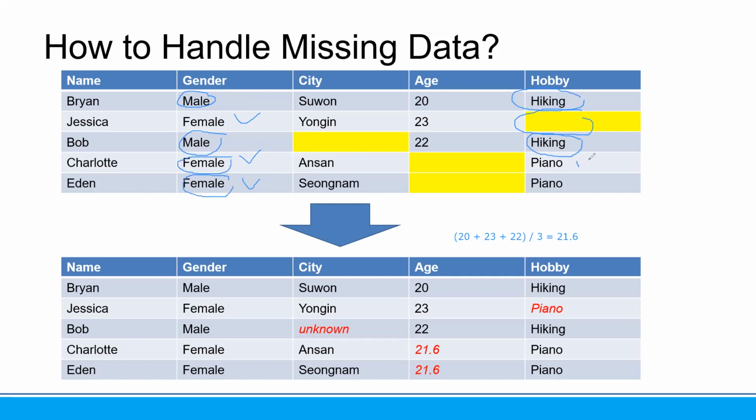Female, they love to play piano. So based on the probability, the hobby for Jessica can be piano. Okay. So with this kind of data handling, then we can have the full data, and you can do further data analysis.